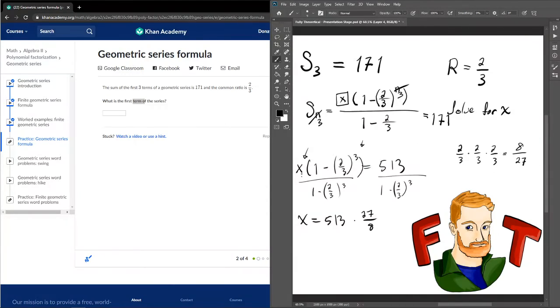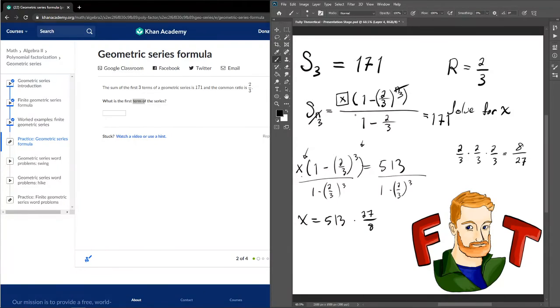So what did we do? We multiplied, so this right here, 1 minus 2/3 is 3/3 minus 2/3 is 1/3. It's 1 over 3. Okay, I think I figured out what I did wrong here.